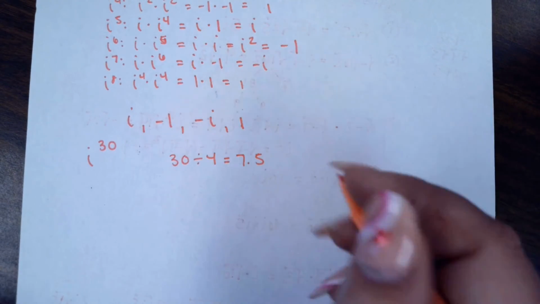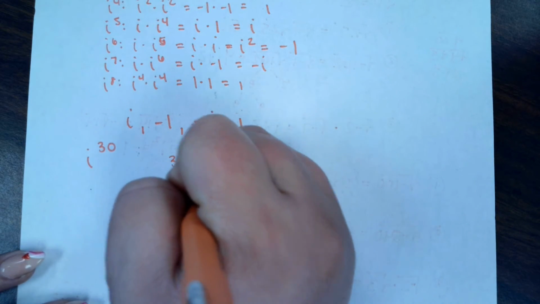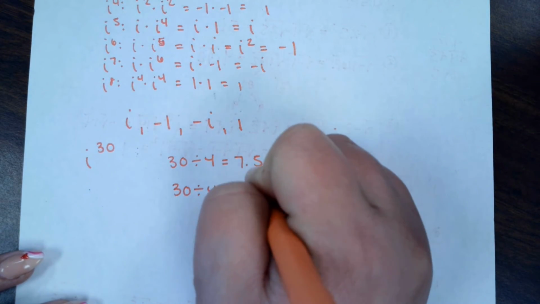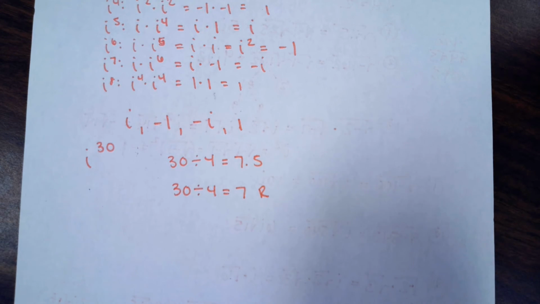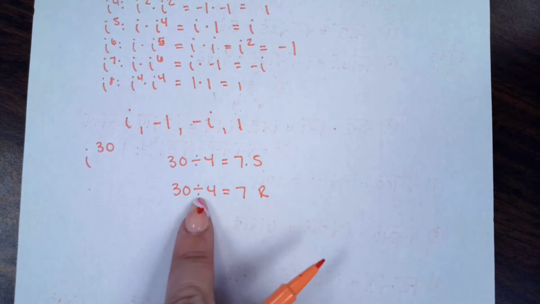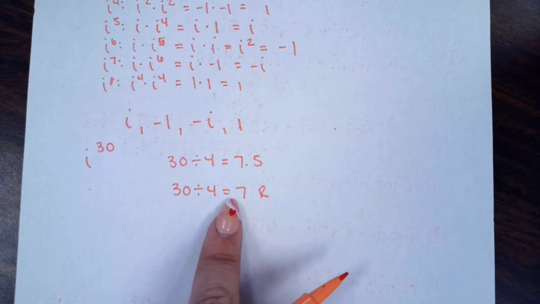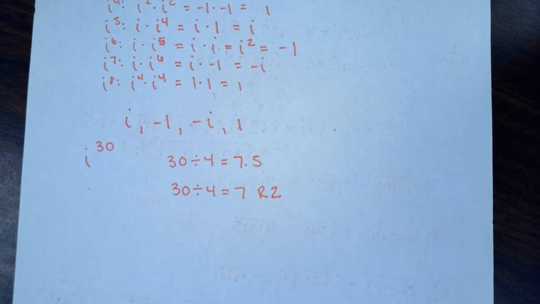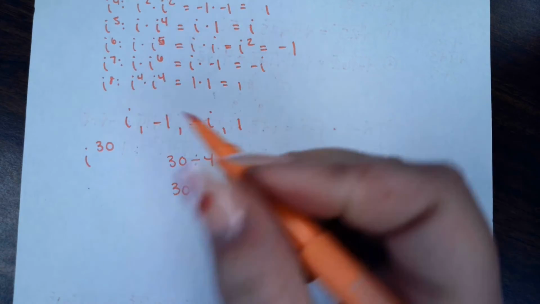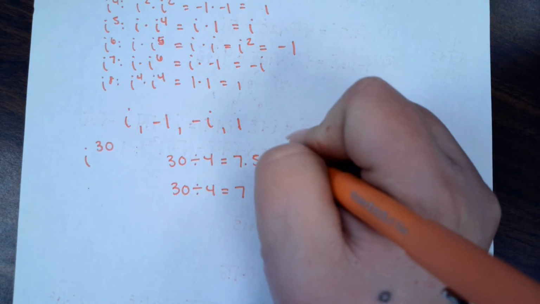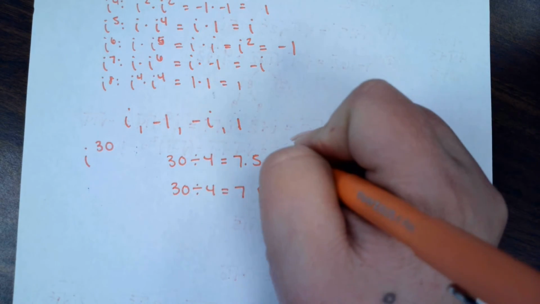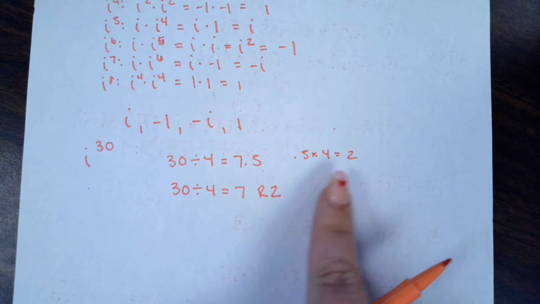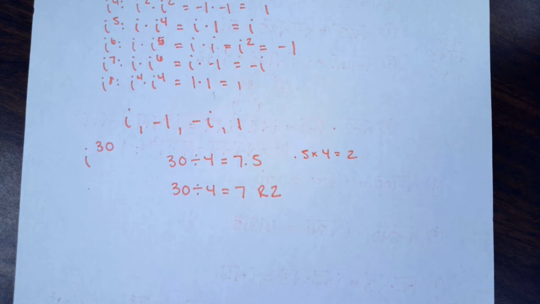Another way that you can think about it is 30 divided by 4 is 7, and what's our remainder? Well, 4 times 7 gives us 28. How many more to get to 30? 2. So that gives us a remainder of 2. Of course, this 0.5 is remainder 2 as well, because 0.5 times 4 is 2. So either way, you're getting a remainder of 2.